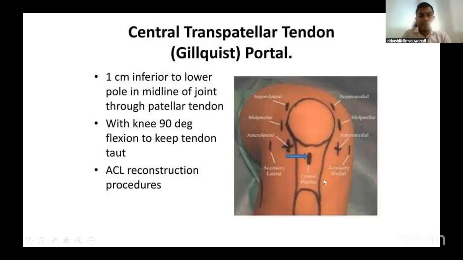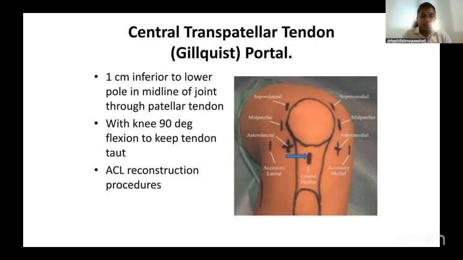It's the site just inferior to the pole of the patella in the midline through the patellar tendon. We need to be a little bit careful, and not mess around too much in that area, to avoid further injuring the patellar tendon. But it's a very useful portal, and we should always make it when the tendon is taut in 90 degrees.